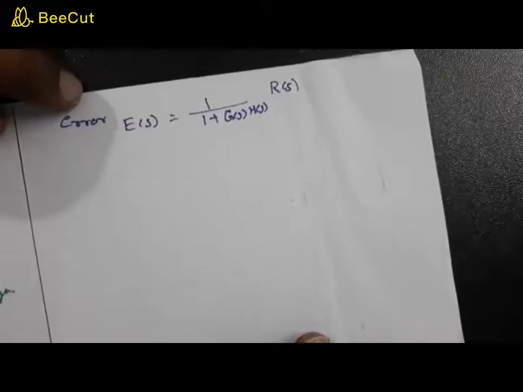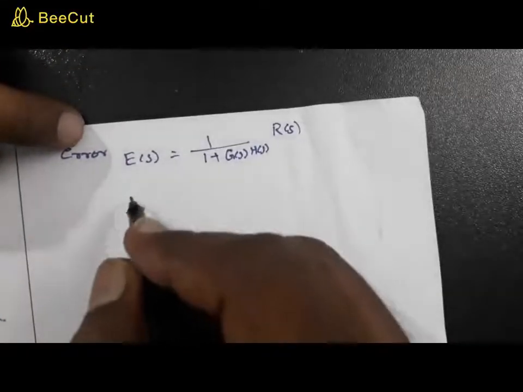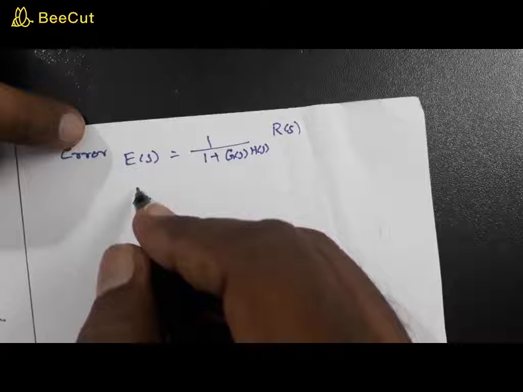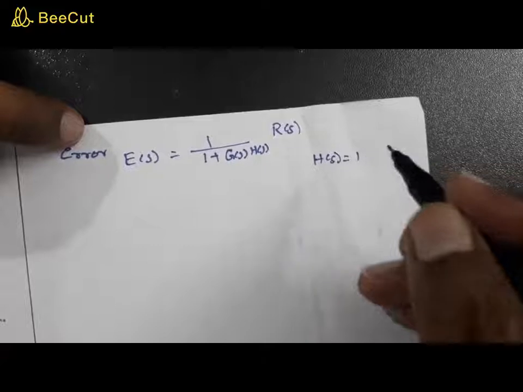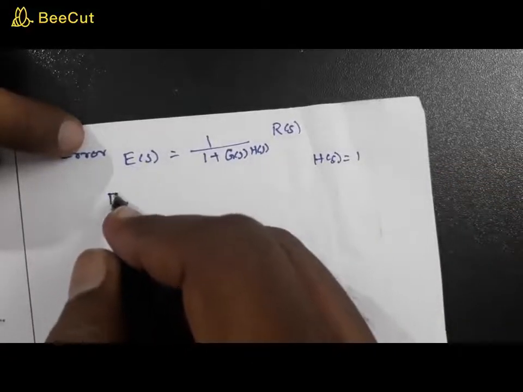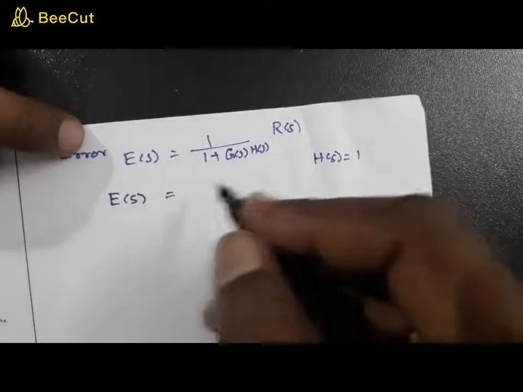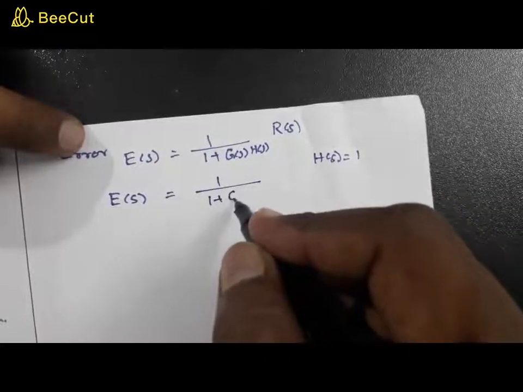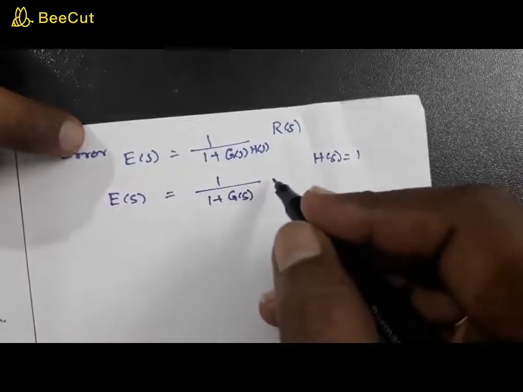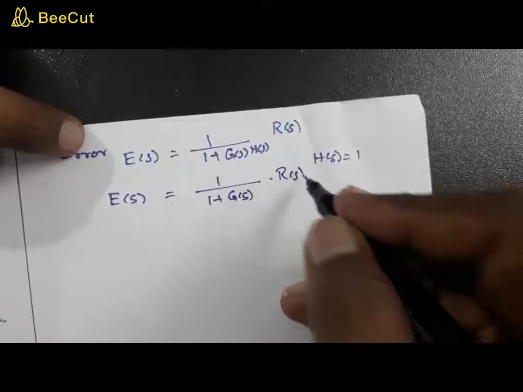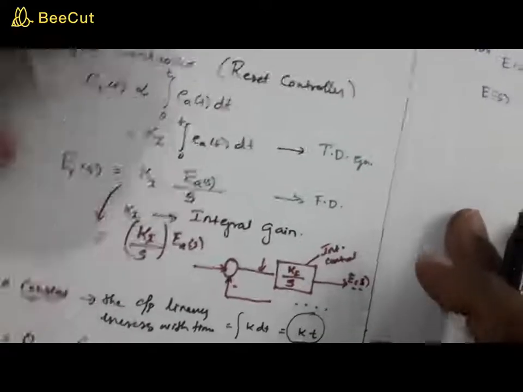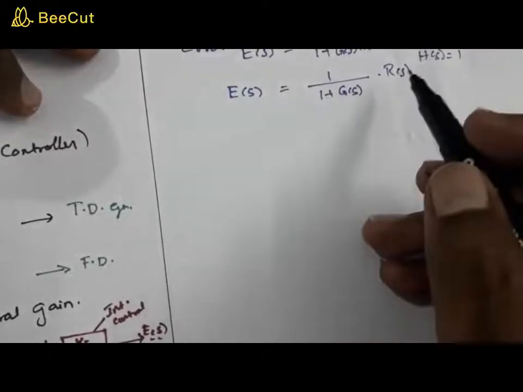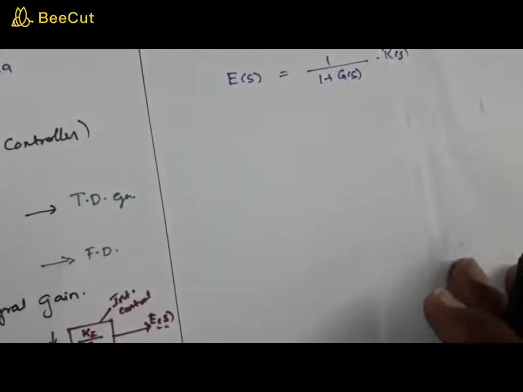This is a relation we have already derived in our previous videos. Since it's a unity feedback system, H of s is equal to 1. Therefore E of s is equal to 1 by (1 plus G of s) into R of s.